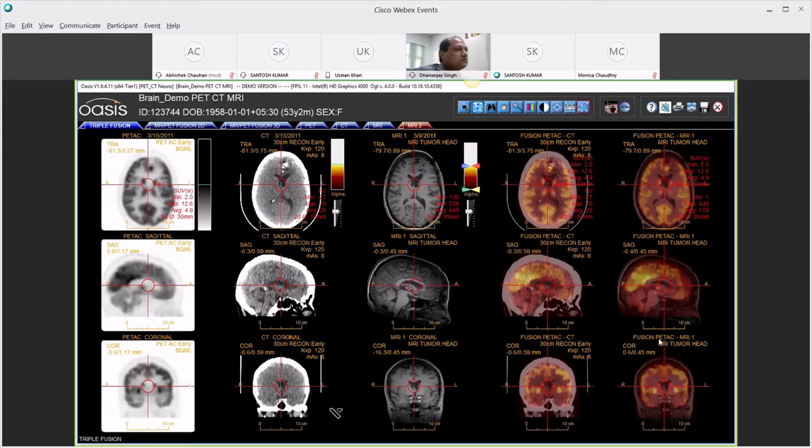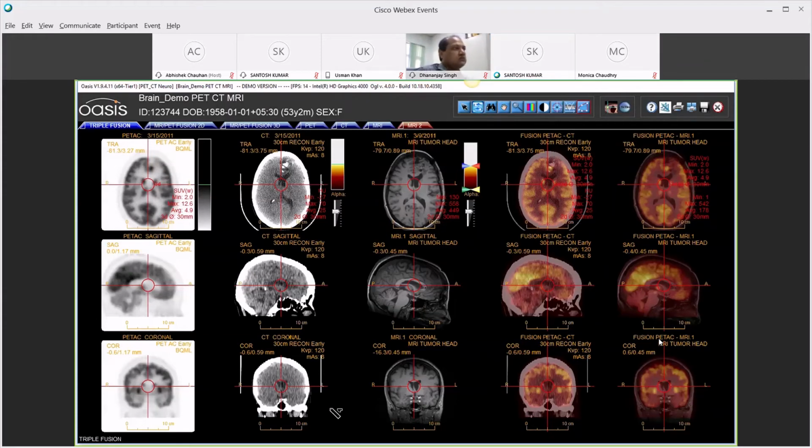Okay. So I just want to tell you why we require the different modality. CT will give different information, MRI will give different information, and PET will give different information. So we really have to have something, either with the hardware or by the software.